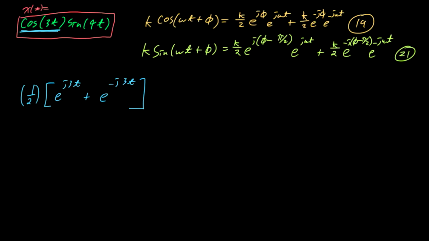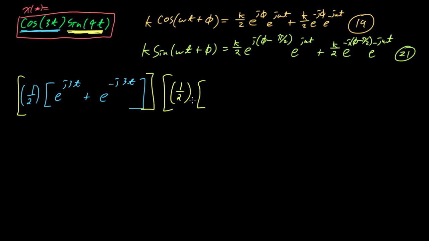So now, let me do a yellowish color for my sine function. Now for the sine, we're going to multiply this stuff times what we have for sine. We again have k over 2, and our k is just 1, so we're going to have 1/2. We're going to factor that out of the expression. e to the j phi minus pi over 2.